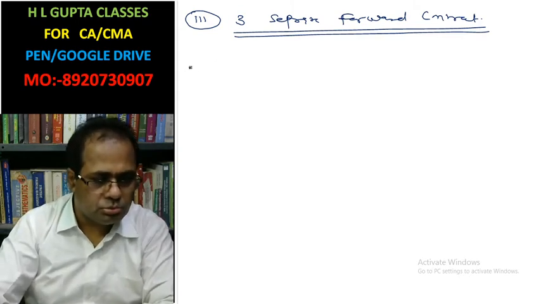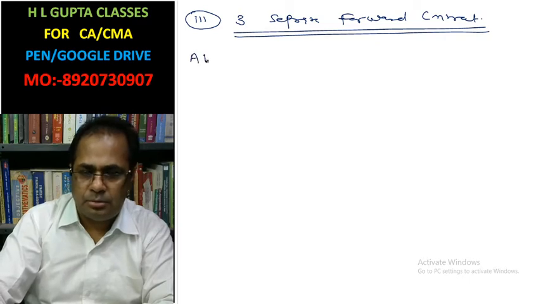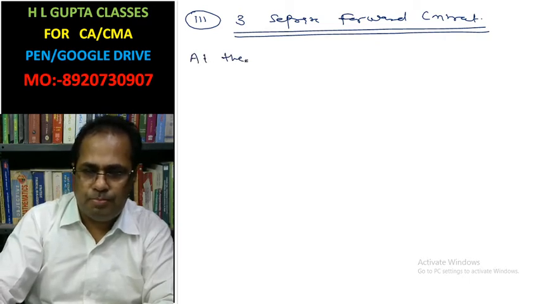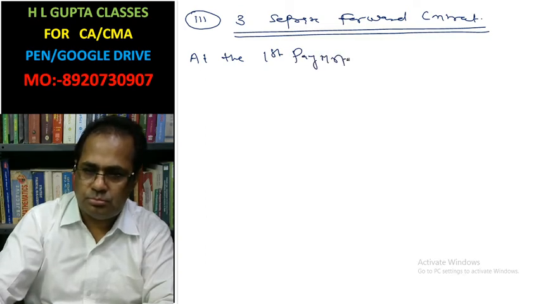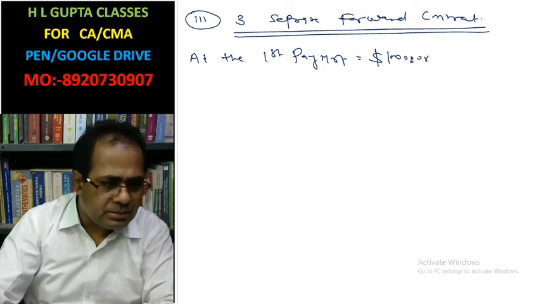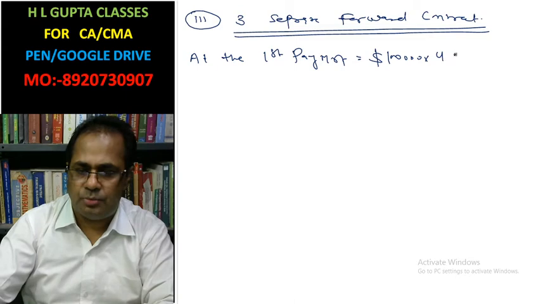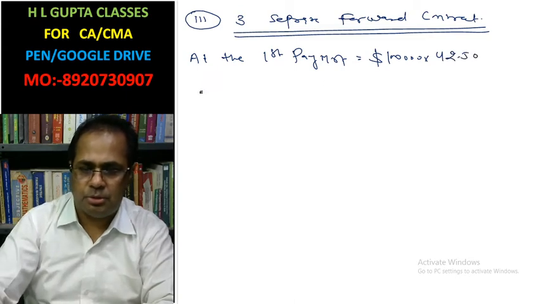Dollar, 3 separate forwards. At the first payment, dollar 1 lakh is purchased at 42.50.